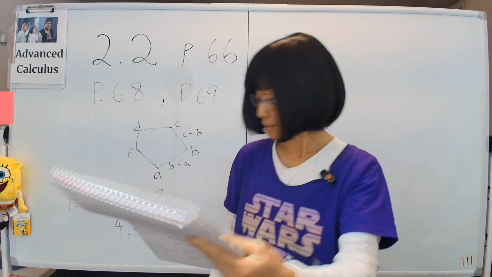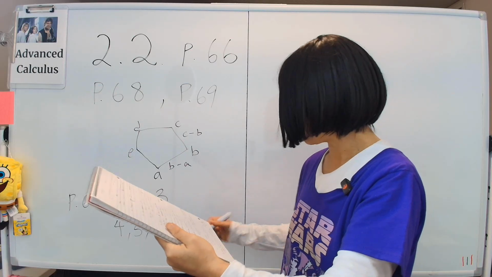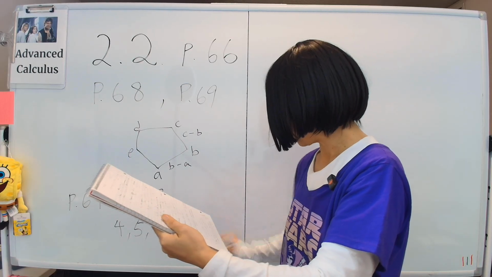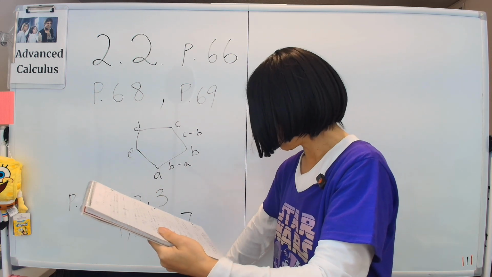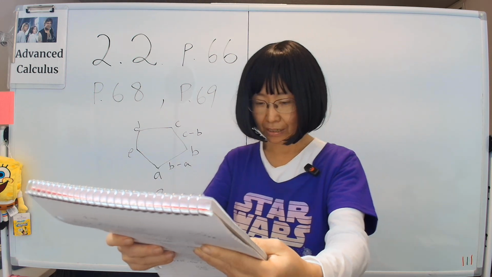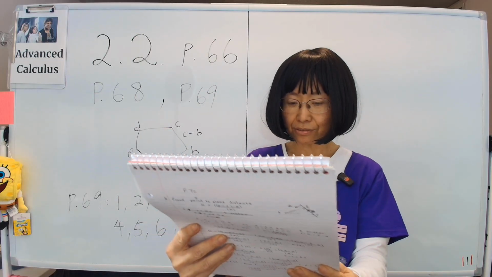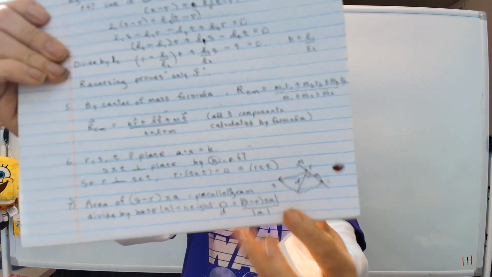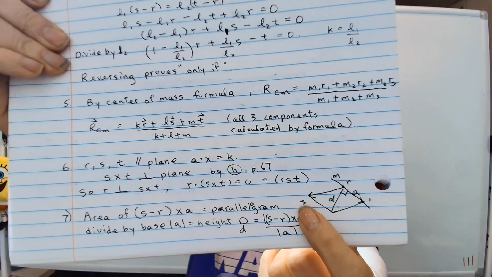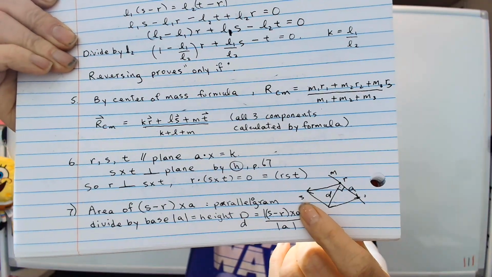And next, let's look at problem 7. We're supposed to prove the distance formula between a line and a point. To do that, we are going to draw this thing. There's my vector r, and my vector s.